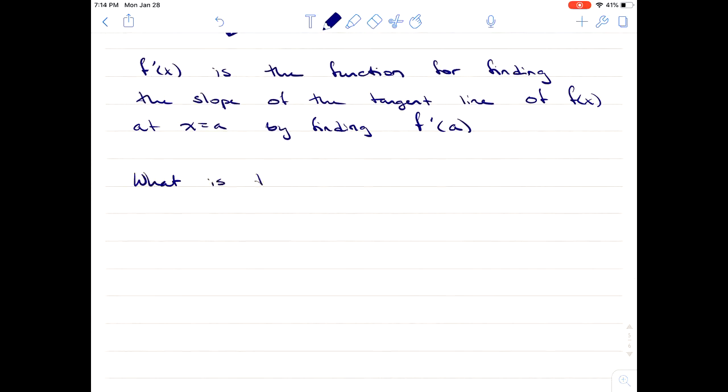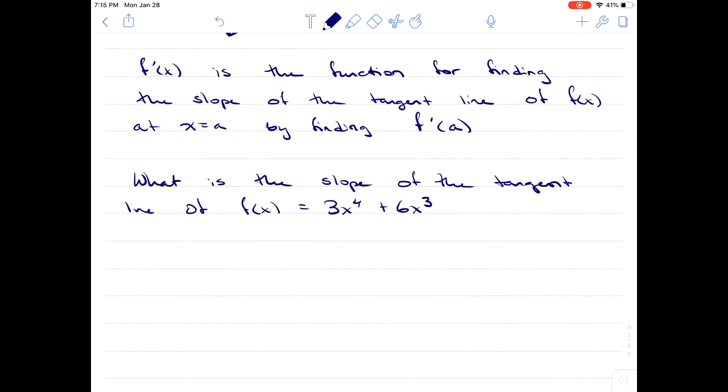So what is the slope of the tangent line of f of x, and I'm just using that same f of x as before, 3x to the 4 plus 6x to the 3 plus x squared plus 3, just so you can see it through. So what is the slope of the tangent line of f of x at x equal to 2?